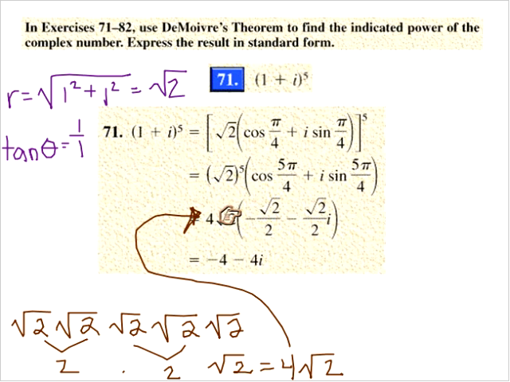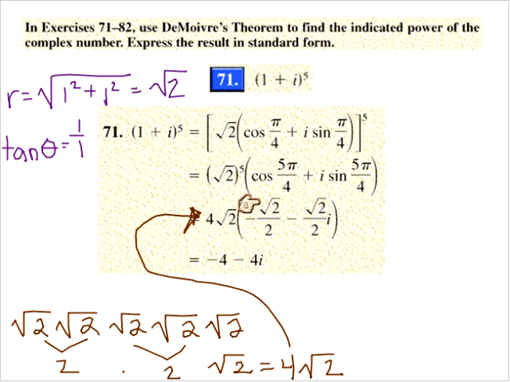Now you can also notice that you might not get a value for your theta that's on the unit circle. If that's the case, you'll have to subtract 2 pi until you can get a value that's on your unit circle. Okay.